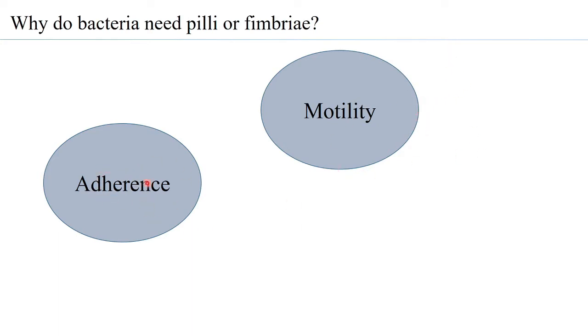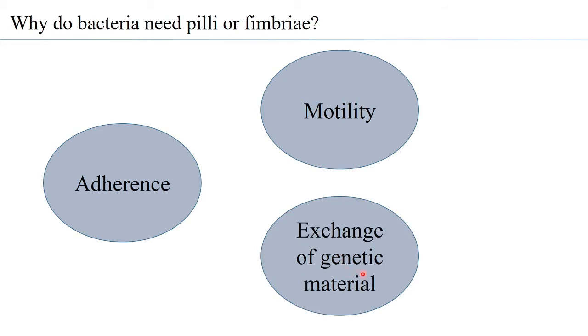So yes, they can adhere, but they can move to adhere to a particular surface. So the motility also helps the bacteria to form a community or colonize. Another important facet that we already observed is that they are able to exchange genetic material.